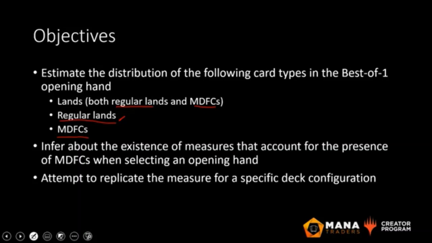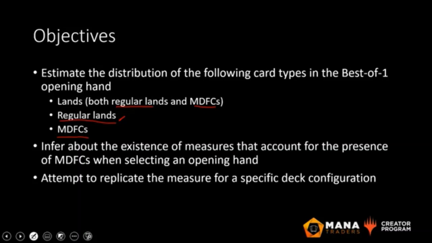After that, we want to infer the existence of measures that account for the presence of MDFCs when selecting an opening hand. That is, we want to confirm that, as Wizards said, the algorithm is taking care of this. The algorithm is making sure that if you have modal double-faced cards in your deck, you will not get a lot of hands where all of the cards in your hand are essentially lands.